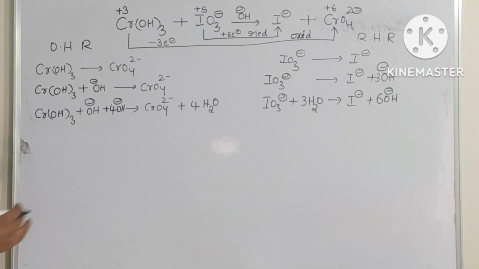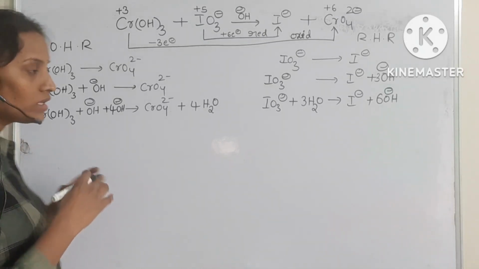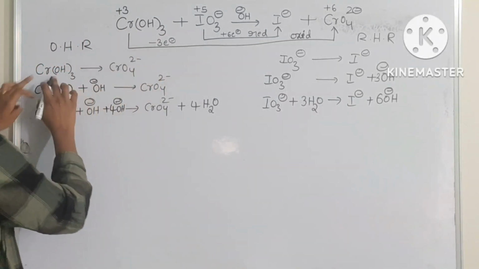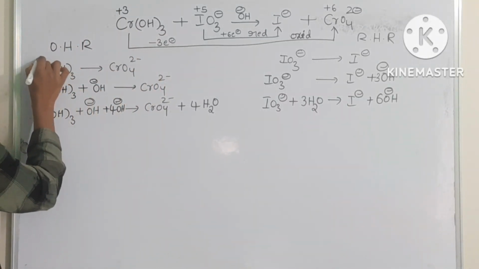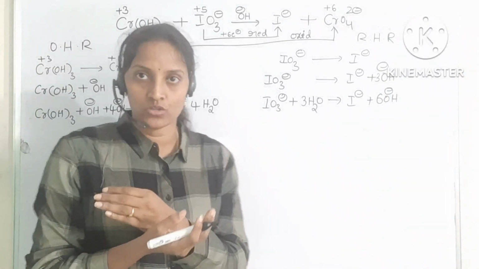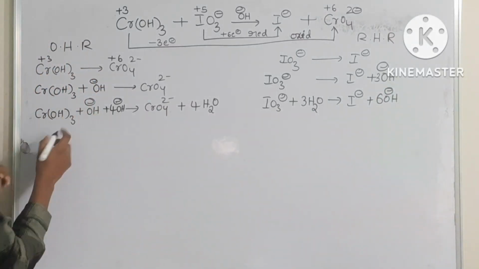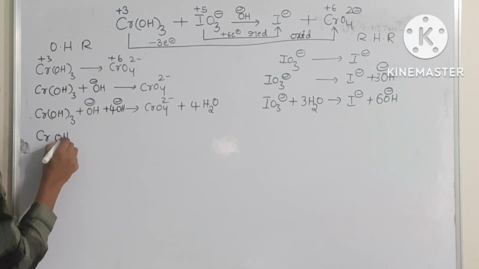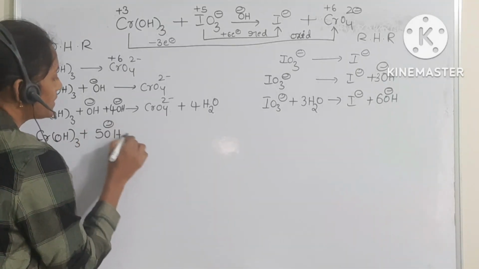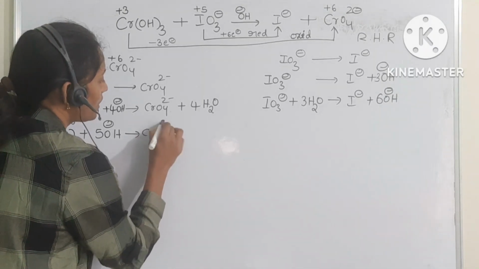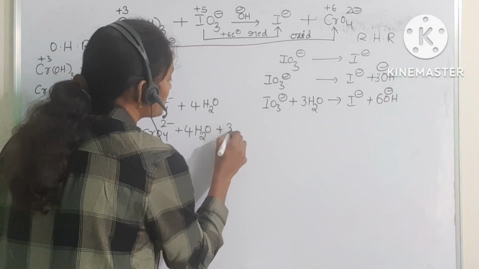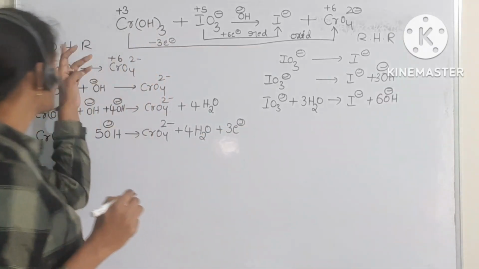Now, coming to adding electrons to the half reactions, either on the left side or the right side. Chromium plus 3 converts into chromium plus 6, so it loses 3 electrons. So you should add 3 electrons on the right side of the oxidation half reaction, because by losing 3 electrons it goes from plus 3 to plus 6.